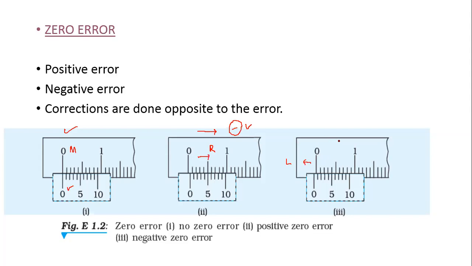We call this type of error a negative error, and negative error will be added at the end of the experiment. Positive will be subtracted and negative will be added.